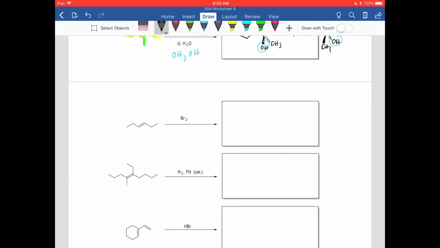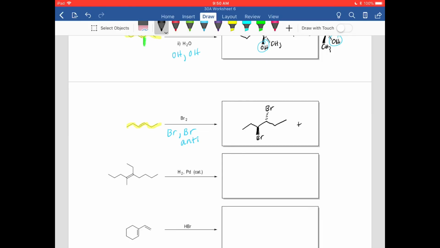Okay, so my next reaction here is reaction with Br2. So this is an anti-addition. So this is addition of Br and Br in an anti-addition. So once again here, I'm going to go ahead and leave this chain that zigzags from left to right in exactly the same orientation. And then I'm going to make the first bromine forward and the second bromine back. That's how I indicate my anti-addition.